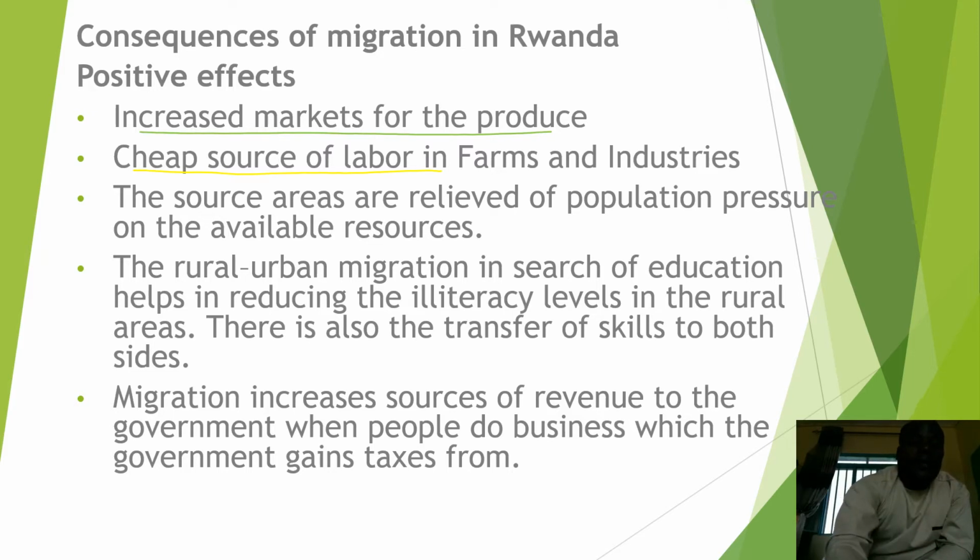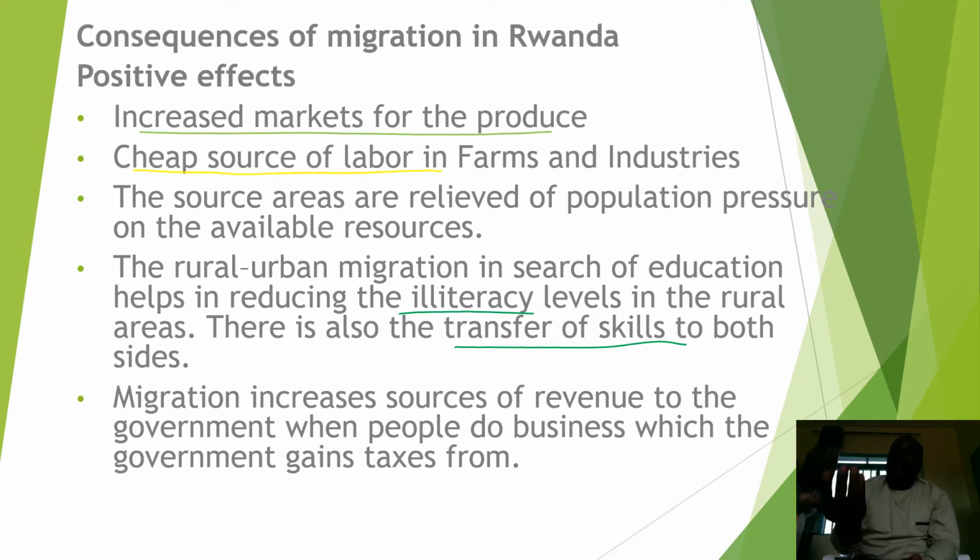Then we have the rural-urban migration in search of education helps in reducing illiteracy and again transfer of skills. See, when people migrate from rural areas to urban areas, they learn new skills in those new areas.